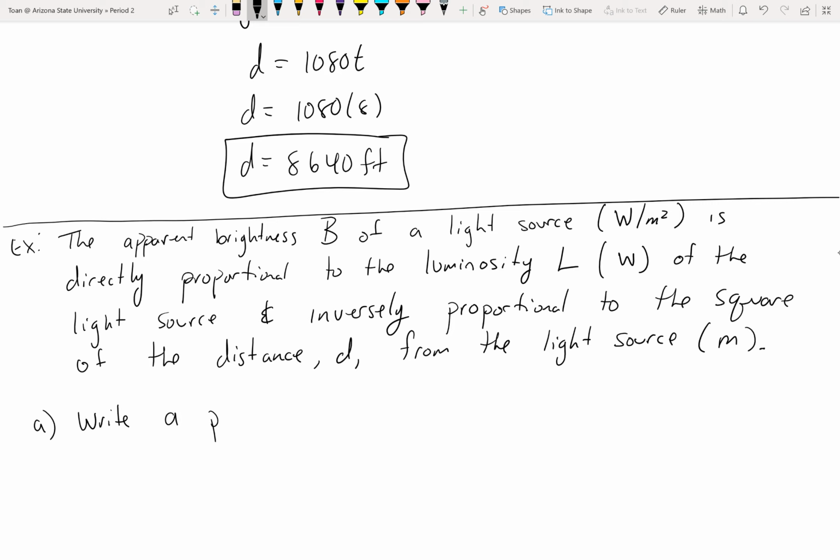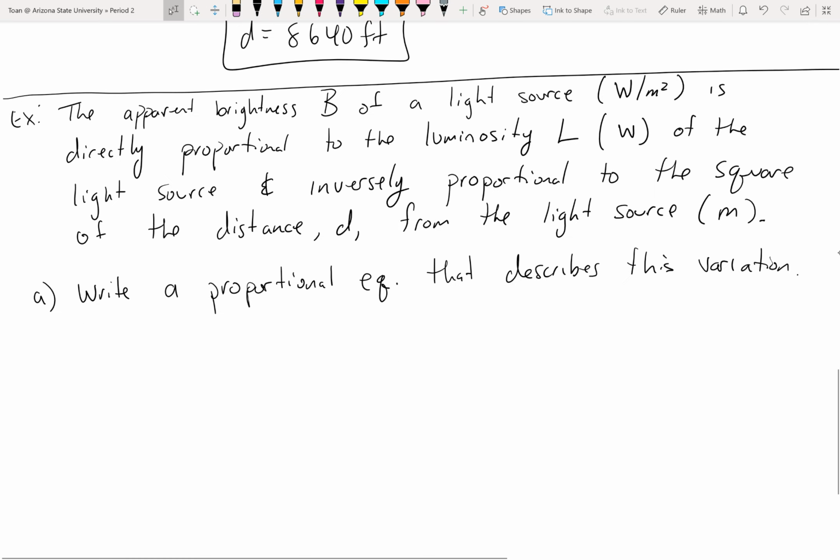Write a proportional equation that describes this variation. So, that's the only way these problems can get, quote, harder, is if you have more than two things relating to each other.